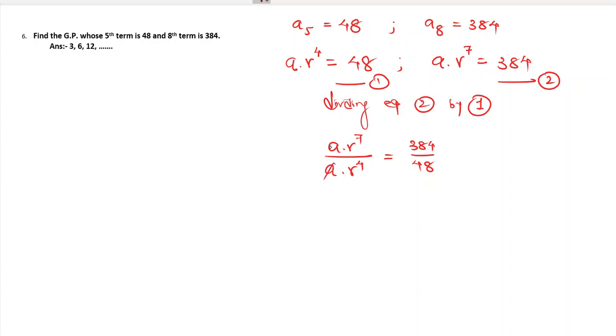So a gets cancelled from both the sides, and r raised to 7 upon r raised to 4 can be written as r raised to 7 minus 4. Right? Now we have to simplify 384 upon 48.